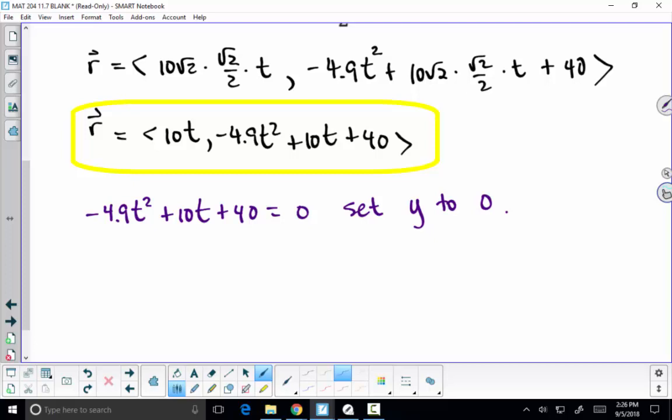I'm not going to go through the details of solving a quadratic. You know how to do that. So you will solve that for t, using the quadratic formula or a graphing calculator or whatever.